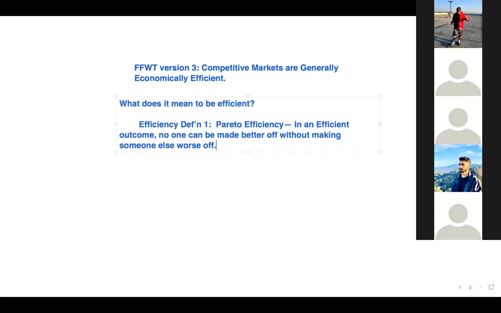It's possible. So Pareto tells us that we want to look for situations where you can have a win-win. If you can have a win-win scenario where both people are better off, then the situation is inefficient.